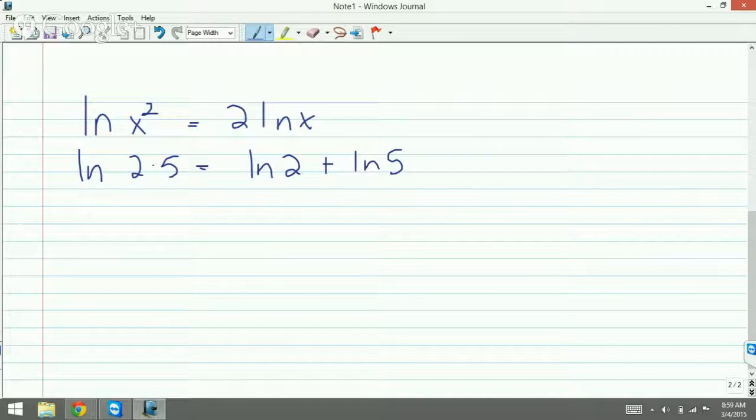No. We did this. These rules we've all done with common logs, but I'm just telling you they apply with natural logs as well. Okay, so you can split up, and the division one is subtraction, if you remember those. It's been a few days, so I wanted to make sure you got those.